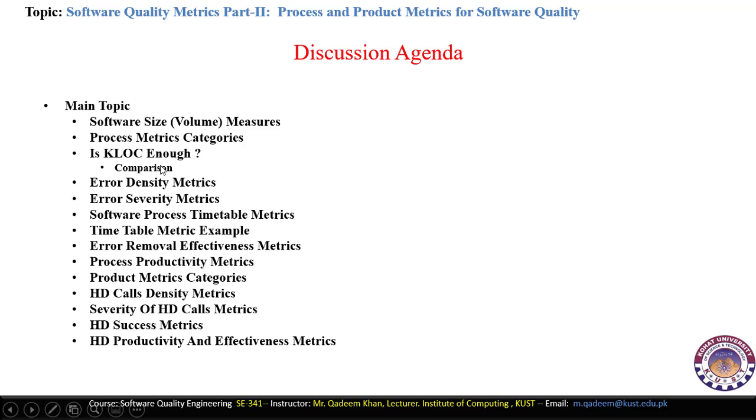And then we will perform some comparisons of the case studies. Then we have the error density metric and the error severity metric. Then we have the software process timetable metric. And then we have the timetable metric example. And then we have the error removal effectiveness metric, process productivity metric.